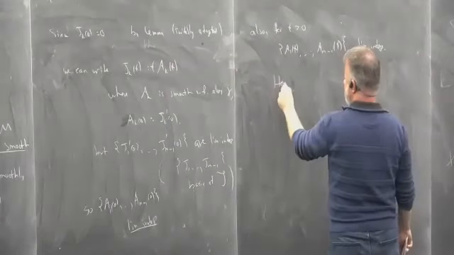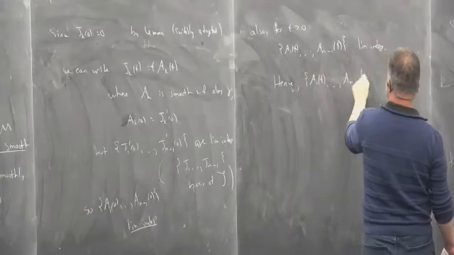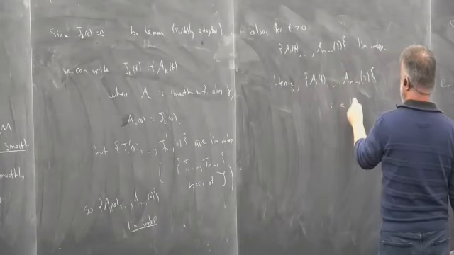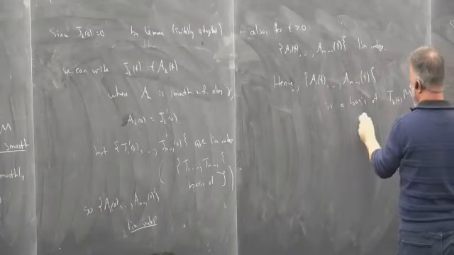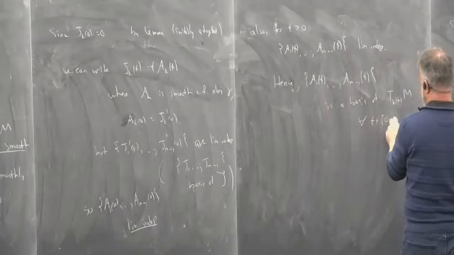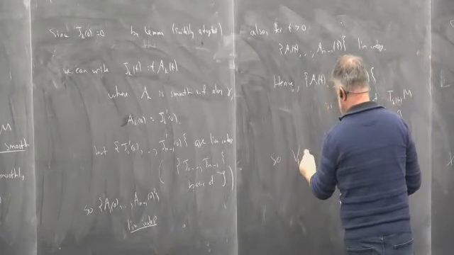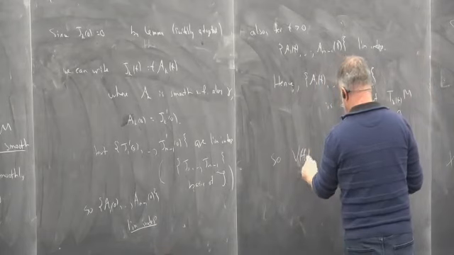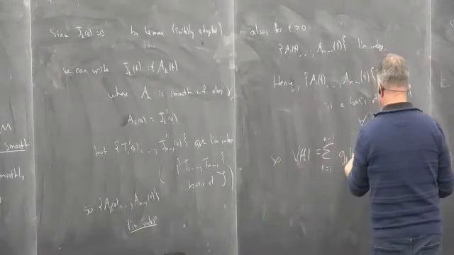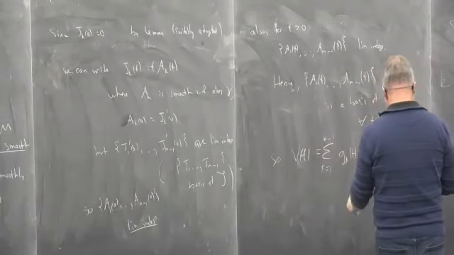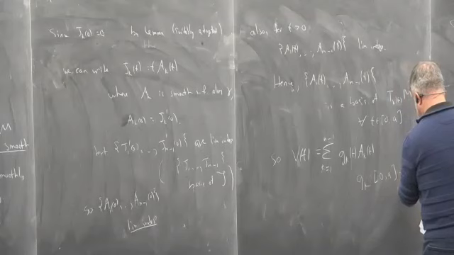Okay, so hence, A1 of T up to A(n-1) of T is a basis of T gamma of T M for all T, even at 0. Okay, so we can write V at T as the sum from k equals 1 up to n minus 1 of some Gk of T, Ak of T, where Gk are piecewise smooth.